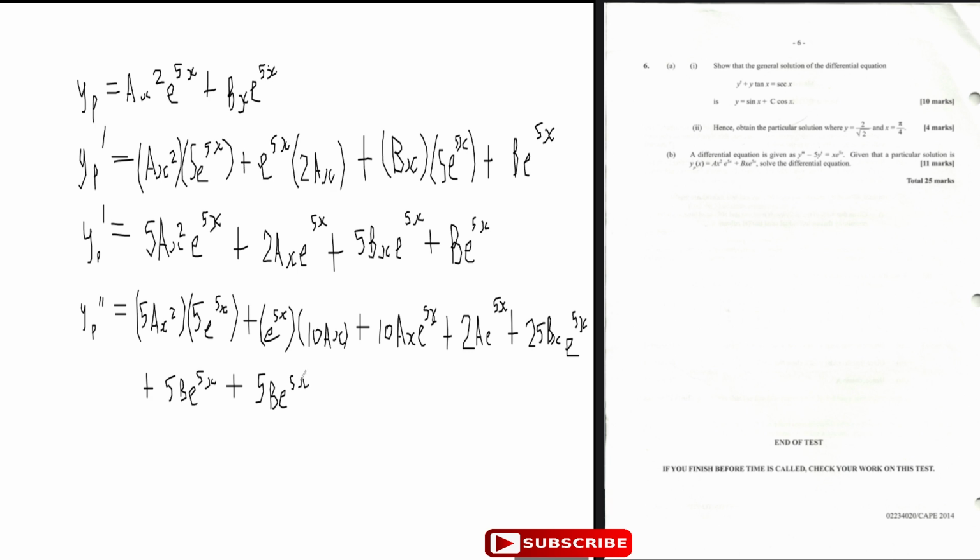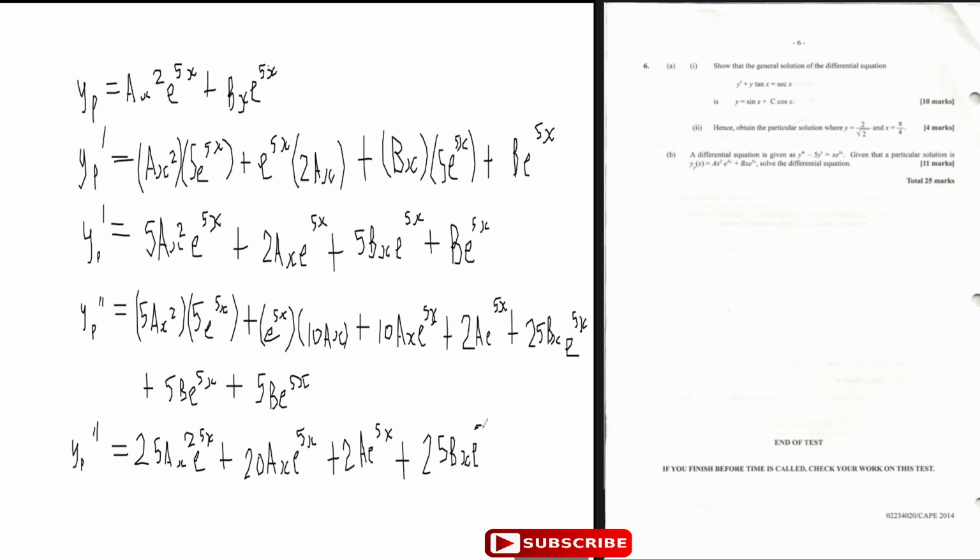So if I were to simplify it now, I would realize that yp prime prime is actually equal to, just simplifying now, 5 times 5 is 25, that's now 25ax squared e to the 5x, then this is going to be plus 10ax plus a 10ax, I'm going to write that as plus 20ax e to the 5x, then I have plus 2a e to the 5x plus 2a e to the 5x, plus 25bx e to the 5x.